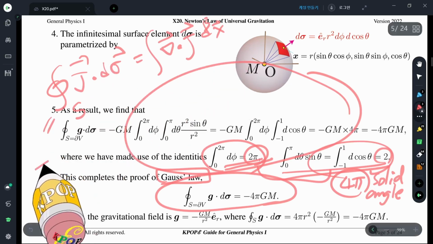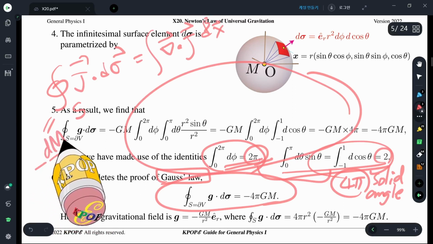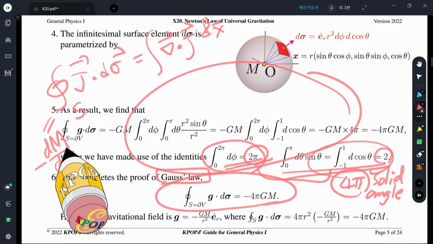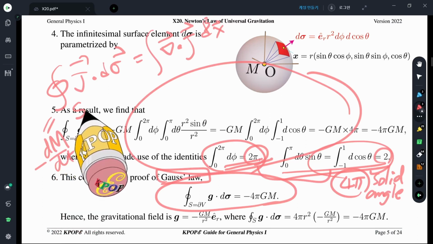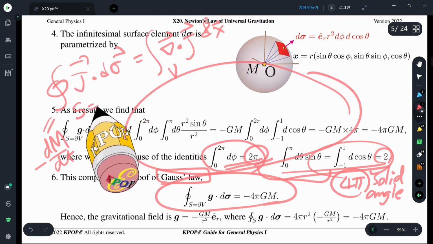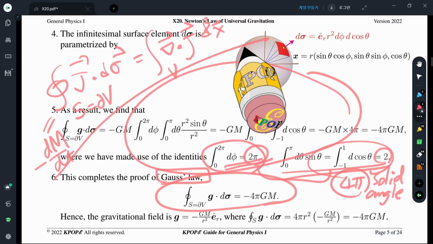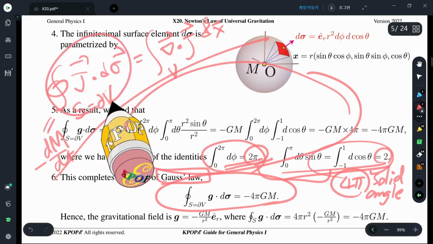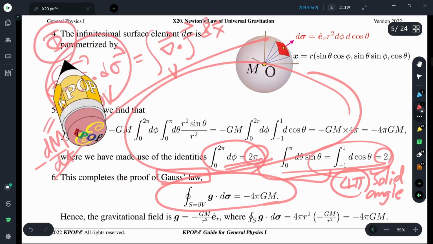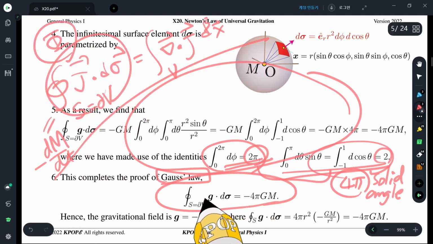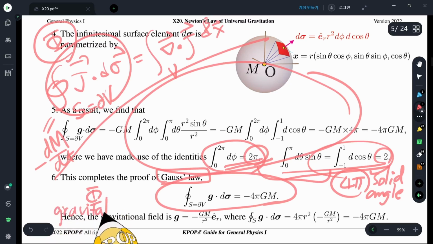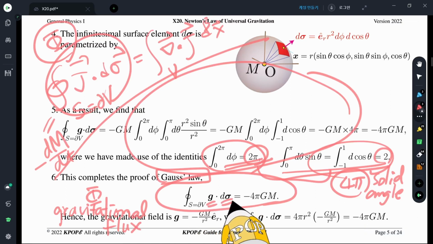Therefore, per unit time, it was the time rate of decrease of the mass inside the surface, that is called V. This was the continuity equation. Just like what we have done, this is a flux or current. So this is a flux. What flux? Gravitational flux. Gravitational field multiplied by area vector as a scalar product.